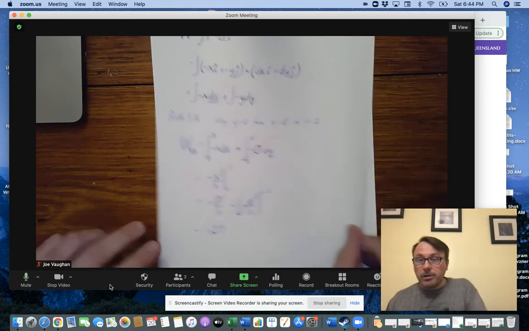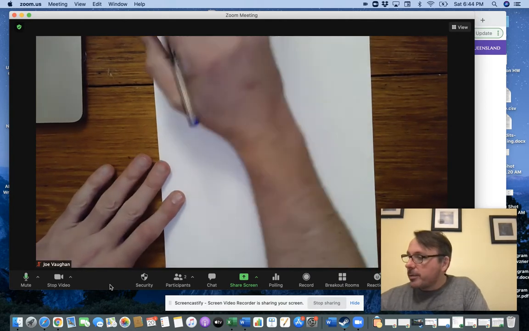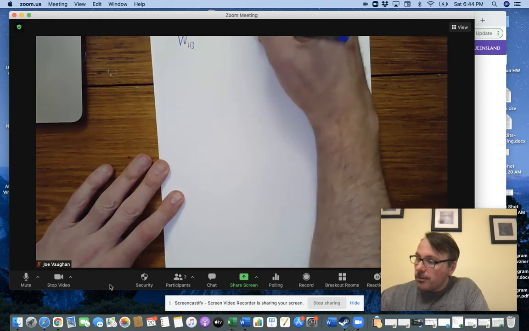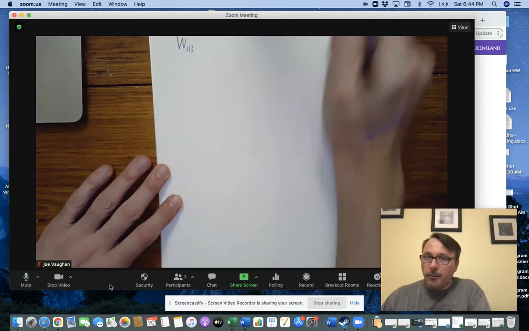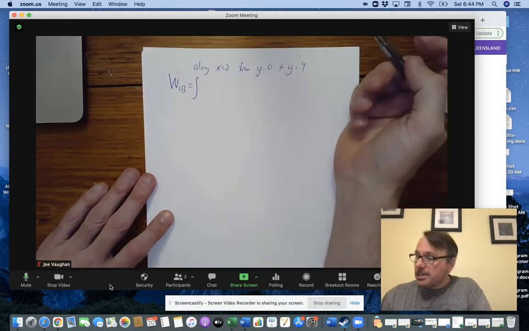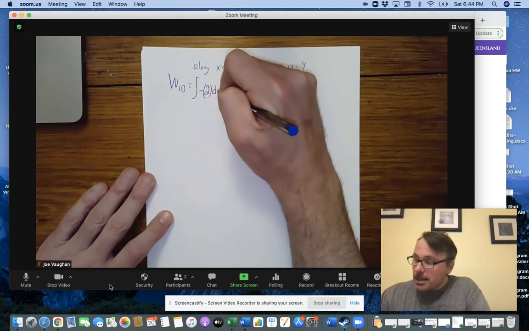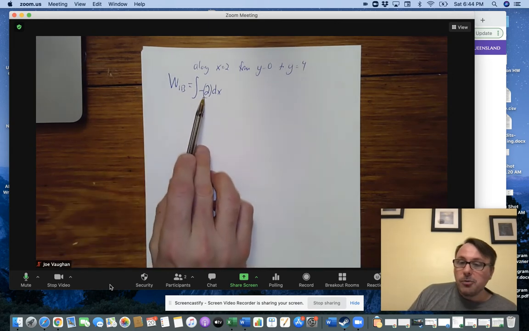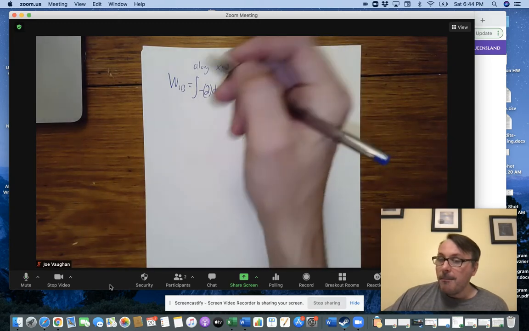So now let's do the work done along path 1b. So work 1b, let's remind ourselves of what that is. That is along x equals 2 from y equals 0 to y equals 4. So here we go, along x equals 2. Ooh, so I can actually plug in the 2 here for x, because I know that that's what's true about the force throughout this entire path. But what are the bounds?